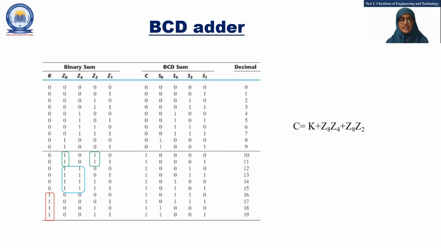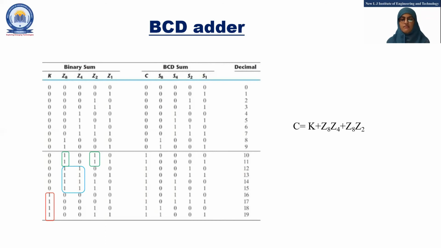For BCD sum, the valid digits are 0 to 9. So 0 to 9 numbers will be the same as binary, which is S8, S4, S2 and S1. From 10 to 19, carry C, which is the carry bit of the BCD sum, will be 1. So for 10, we will write 1, 0, 0, 0. For 11, we will write 1, 0, 0, 1.